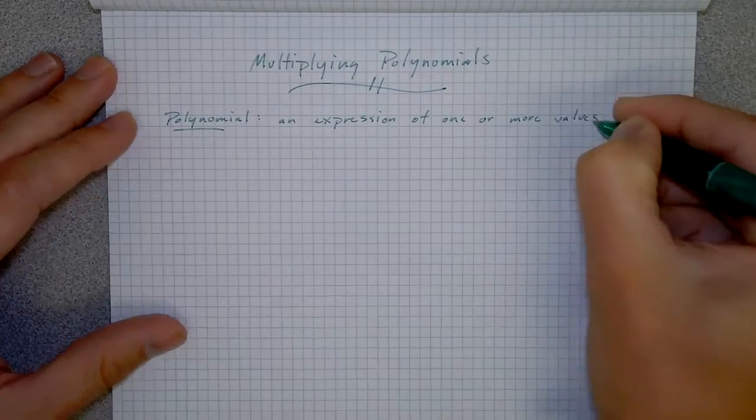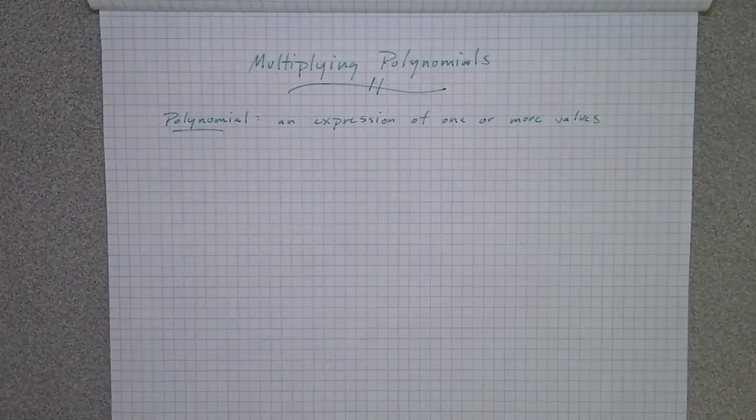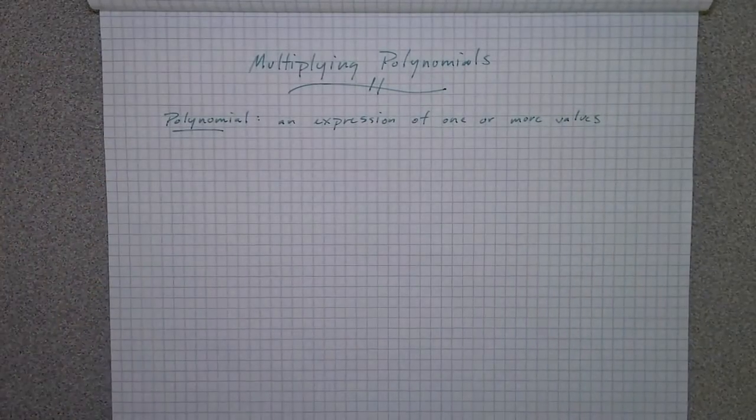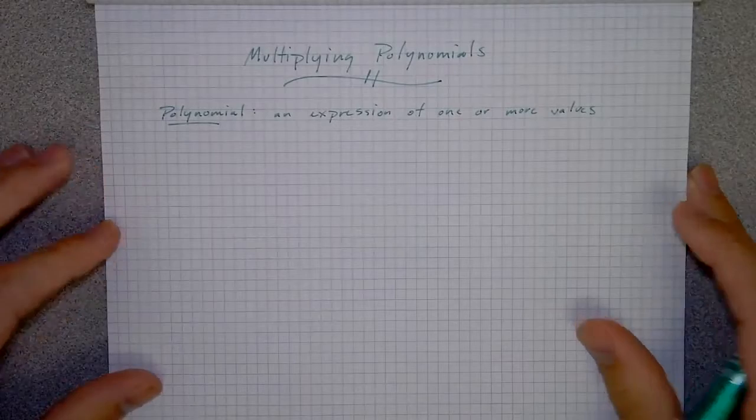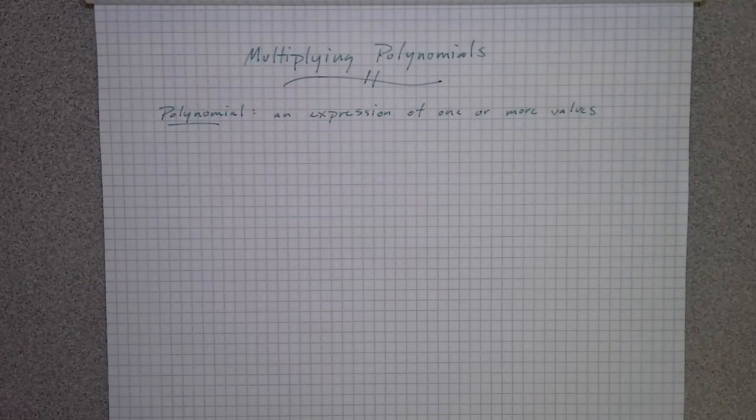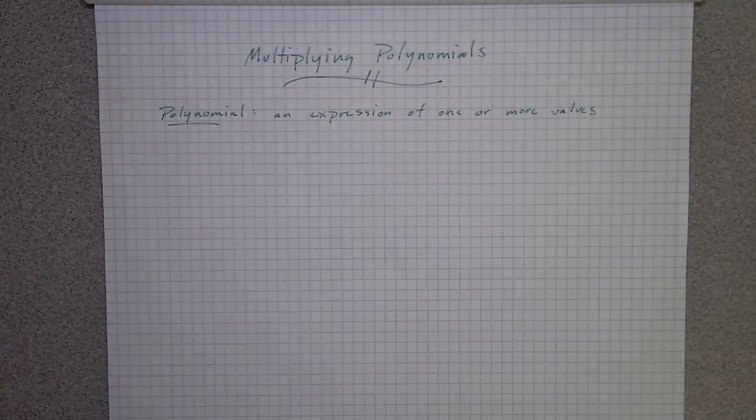We'll just call this the definition: expression of one or more values. Okay, I'm going to show you a couple different ways to solve polynomials.